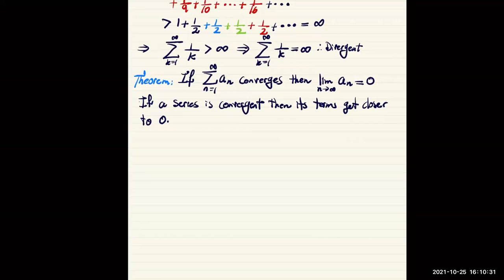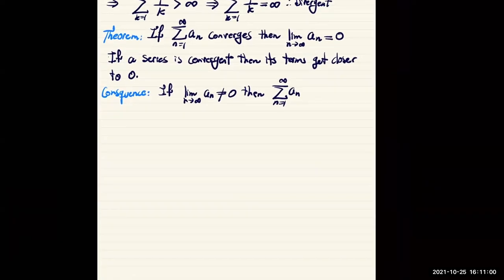Let me write the consequence of the theorem for you. The contrapositive of this theorem says that if the limit as n goes to infinity of a sub n is not equal to 0, if the terms don't get smaller and smaller, then the series diverges.